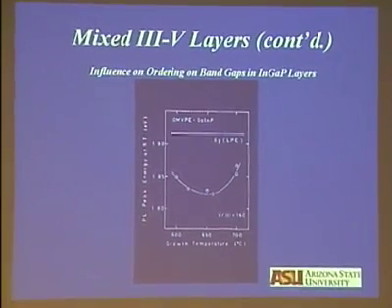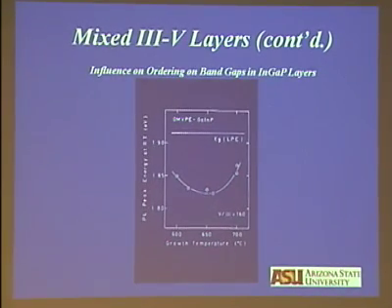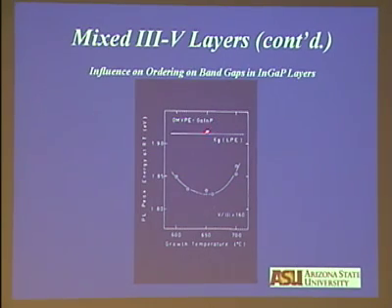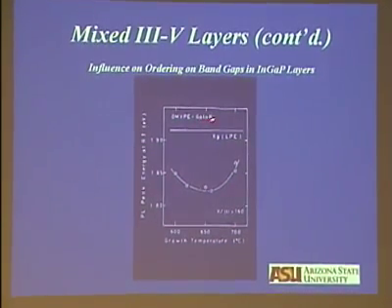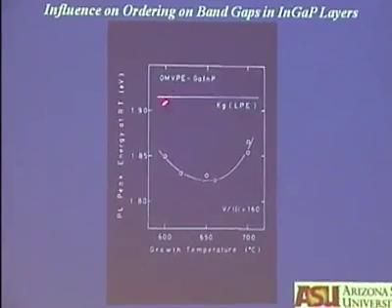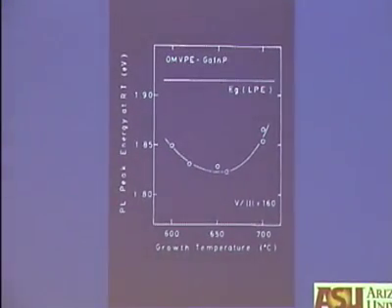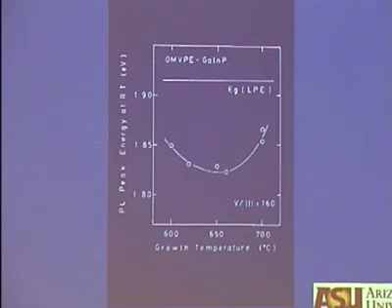Now, does ordering have an influence on the electronic and optical properties? This is not our work. This is Japanese work, Gomyo and Suzuki from NTT. They grew gallium indium phosphide by liquid phase epitaxy, where there is no reconstruction.